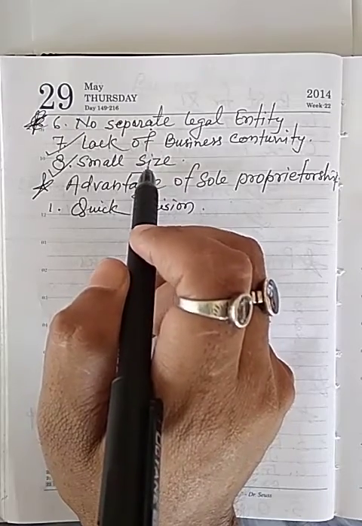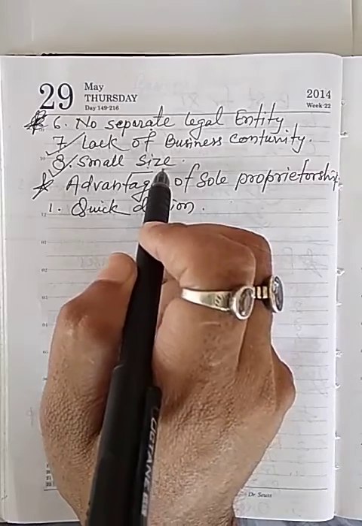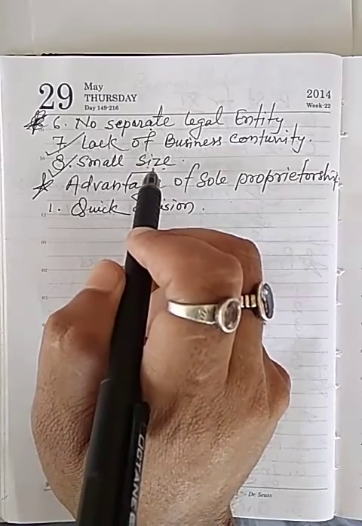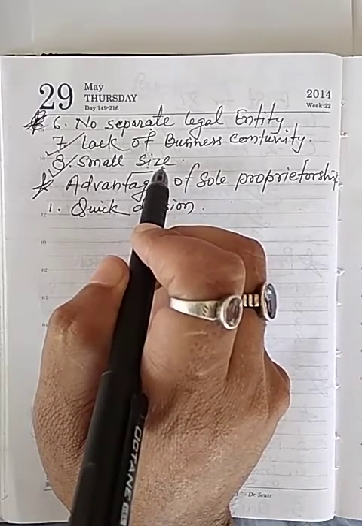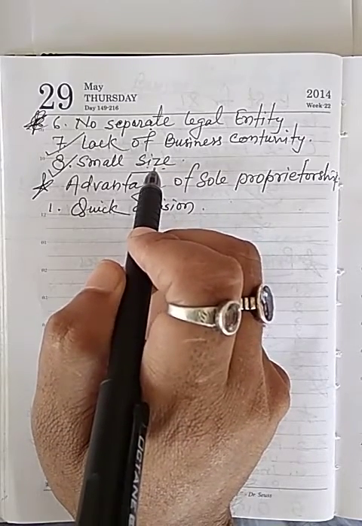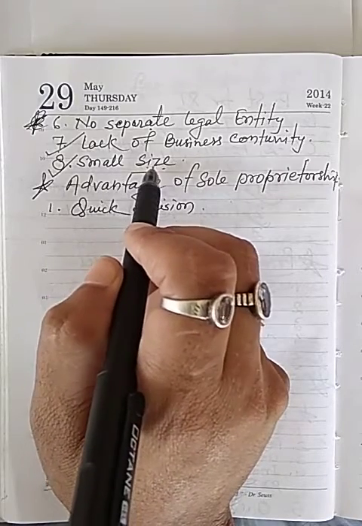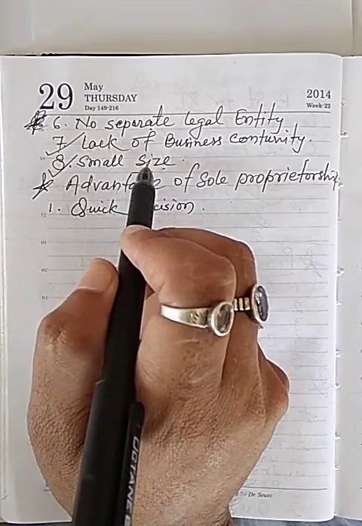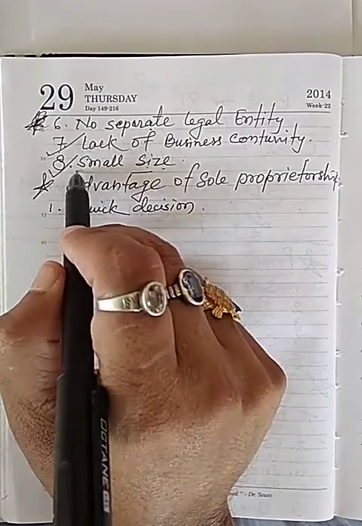Total management and control lies with one person only. A sole trader can arrange limited funds and has limited managerial ability. Therefore, the scale of operation is generally limited.